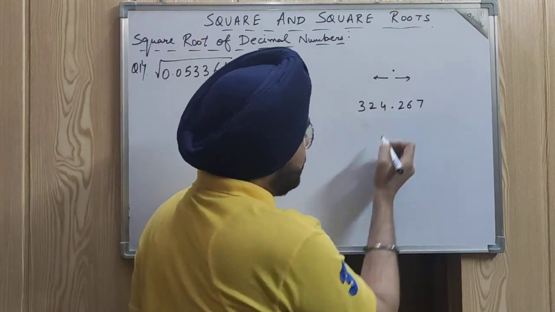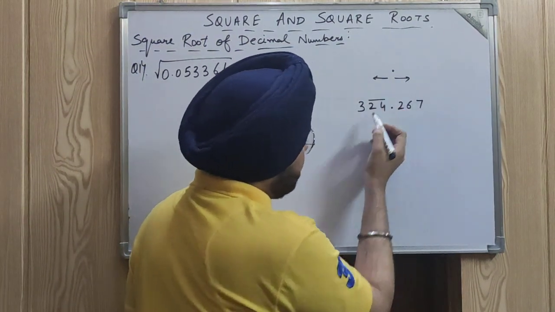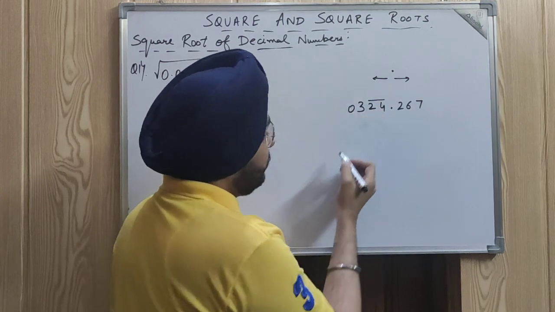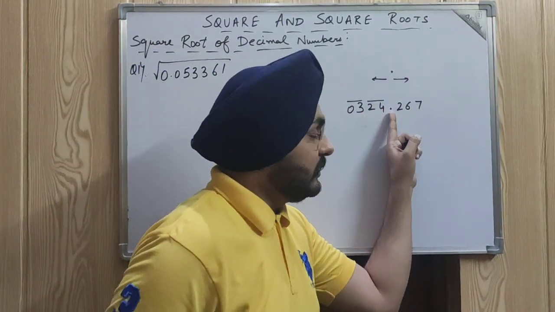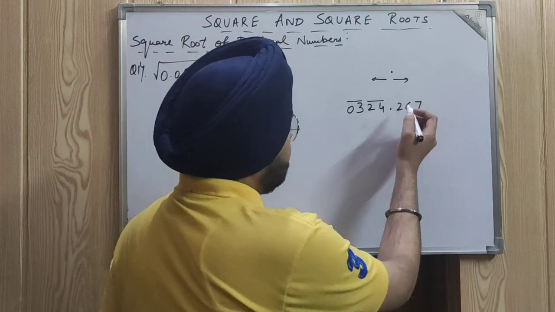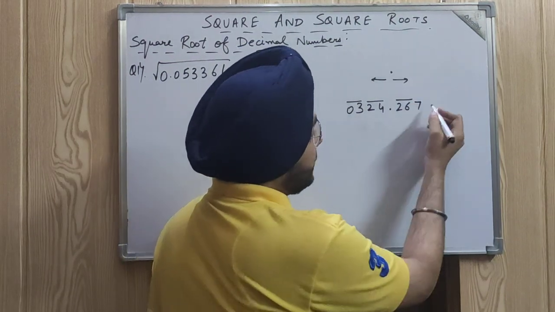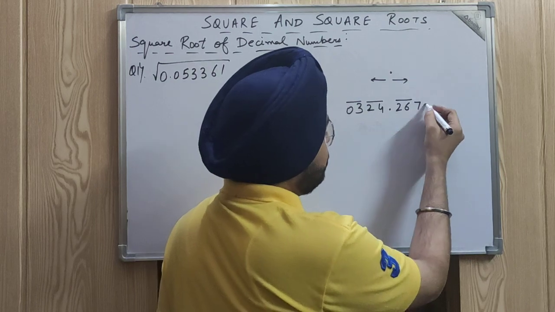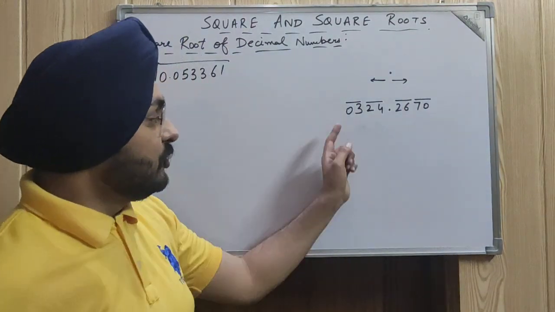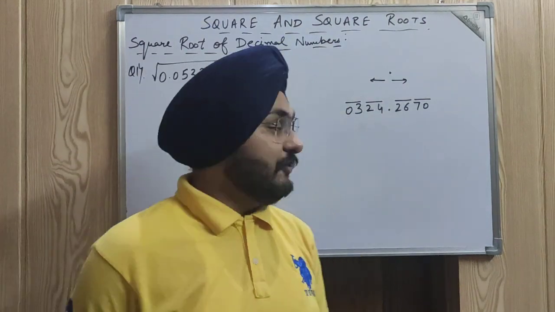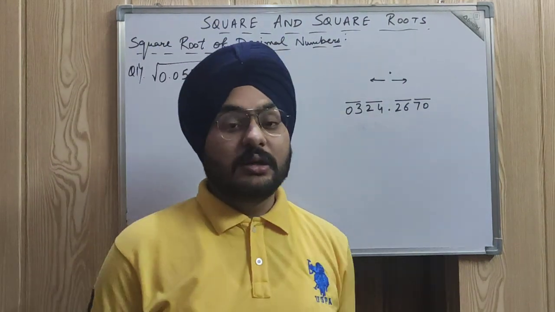This one is the decimal. Start making the pairs from this side. Can you apply 0 here? Now to the right side of the decimal the pairs will be made in this way, 26, and after the decimal we can apply unlimited 0s; no change in the answer will be there. So in this way we have to make the pairs.